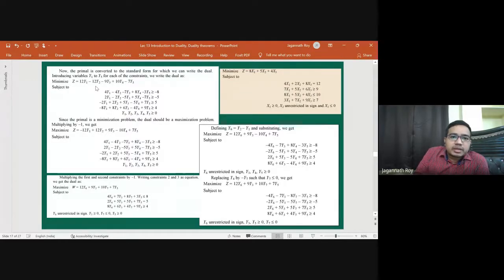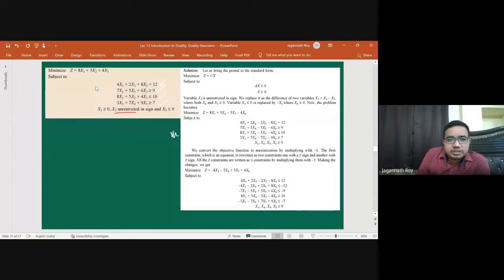Now we have to think about the variables also. This is unrestricted, and this is less than type. For the less than type, we will make it greater than by substitution. For the unrestricted variable, we'll put a difference of two variables.